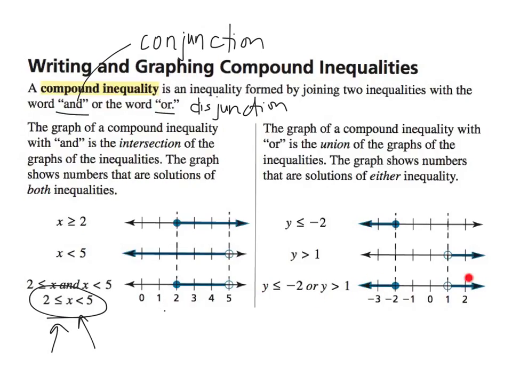Well, here's left, here's right, I just combine them. If this was an "or" problem, this would be all real numbers. If this was an "and" problem, what part of these two graphs overlap? None of them. So if this was an "and" problem, this would be the empty set, no solution.